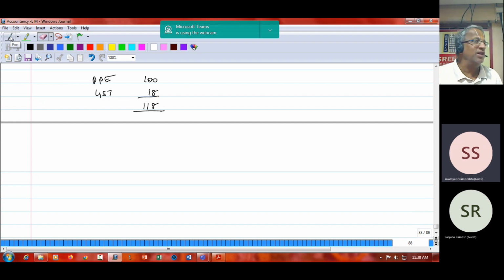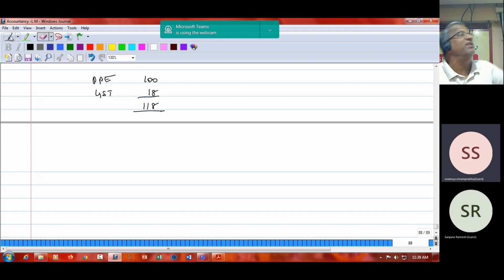Refundable should not be misunderstood to mean that I have to take money from somebody else. It's not like that. If I can adjust this GST against my payable, that is refundable only. If I have to pay 90 rupees against which 18 gets deducted, that is refundable only. This is what we call GST credits.